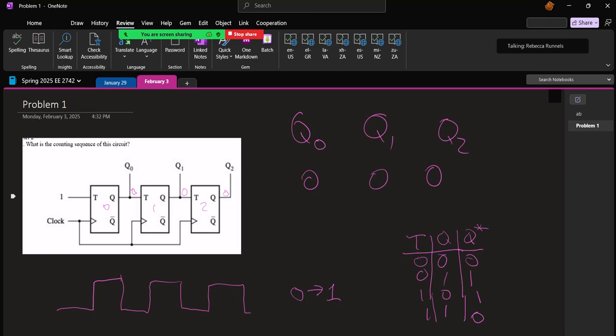Okay, so for when we get to the first time that the clock goes from low to high, the input into the first flip-flop is 1. So what's the output going to become? 1. But what's the input into the second flip-flop, into Q1 here?